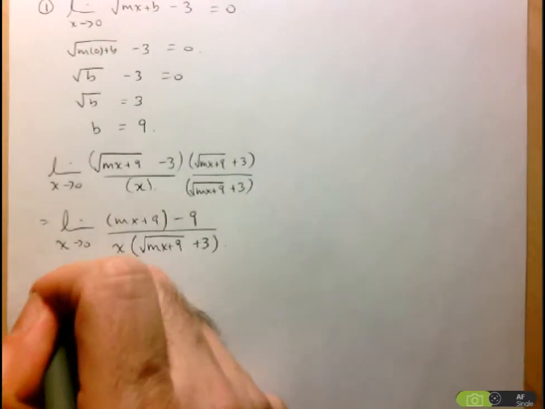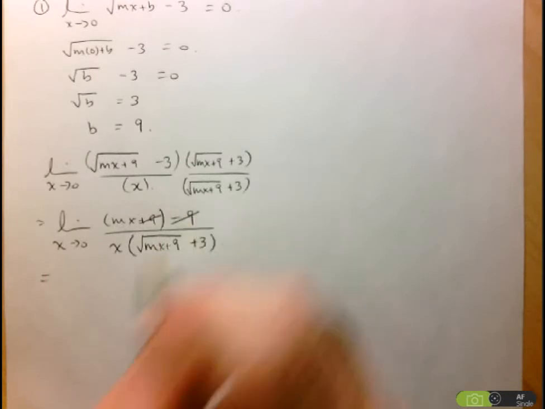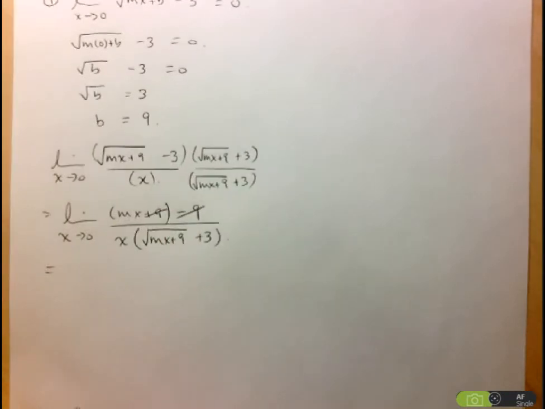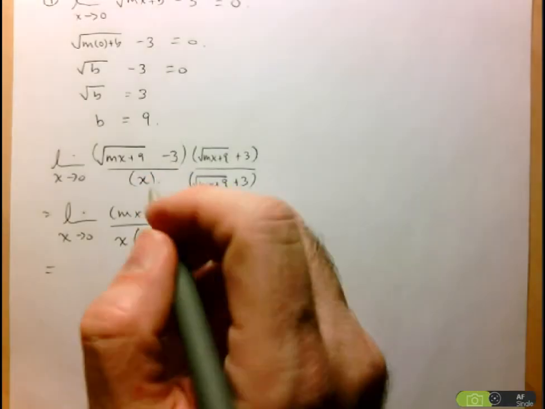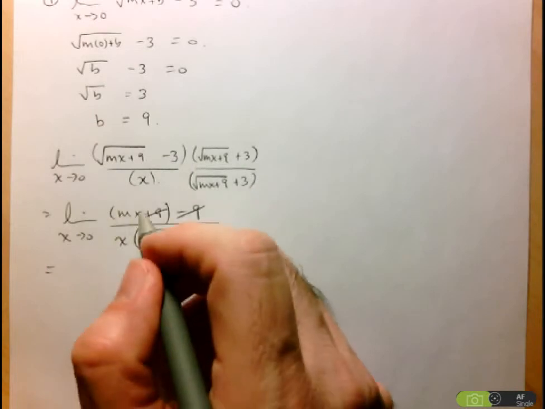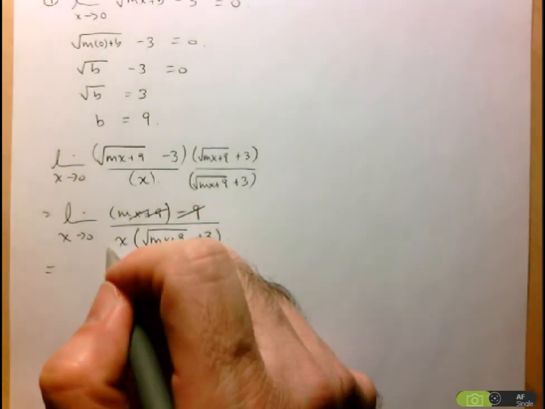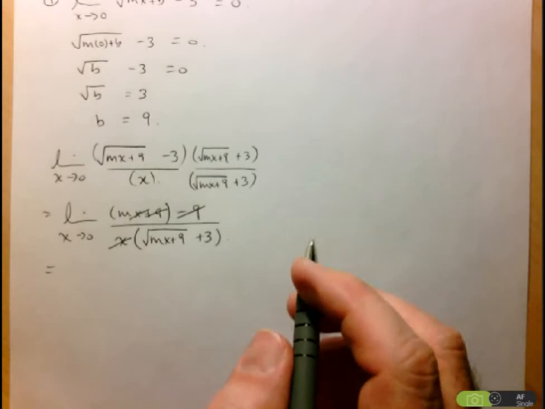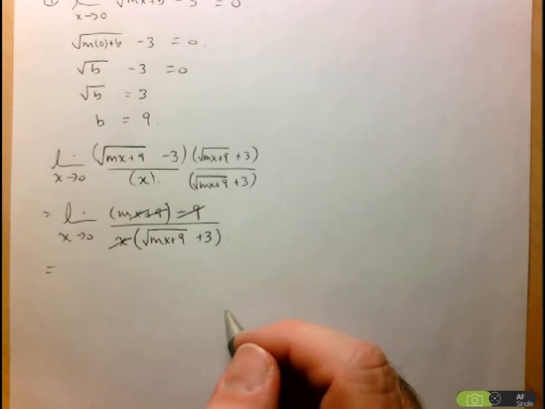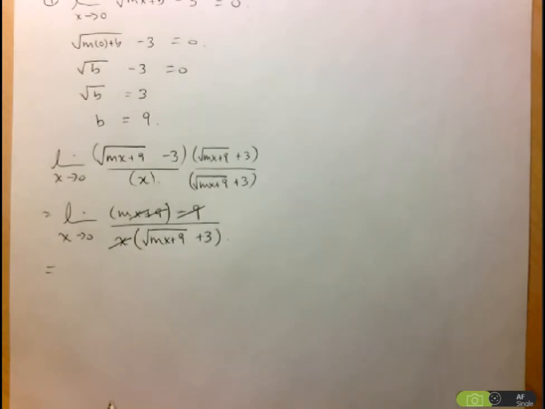And so here, very nicely, these 9's cancel each other out, and now in the numerator all I'm left with is mx, so the x in the numerator reduces with the x in the denominator. Okay, and now I've eliminated the problem in the denominator. So what I'm left with is a function which is continuous, so I can just input x equals 0.